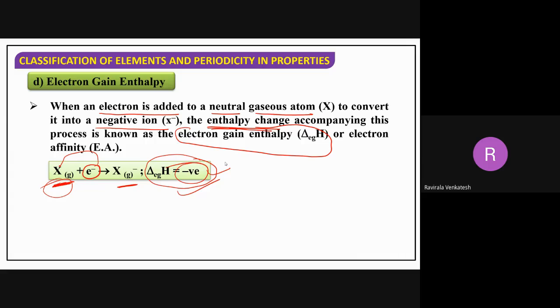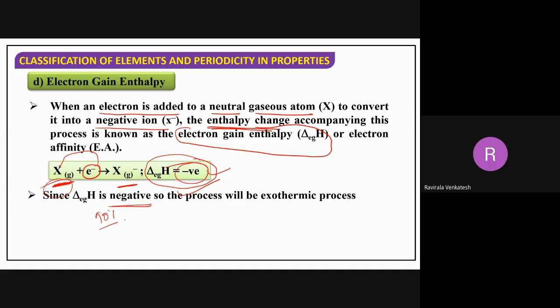I will explain the exceptions where we get a positive value. For ionization enthalpy, delta H is always positive, but electron gain enthalpy need not be. In about 90% of cases it is a negative, exothermic process.